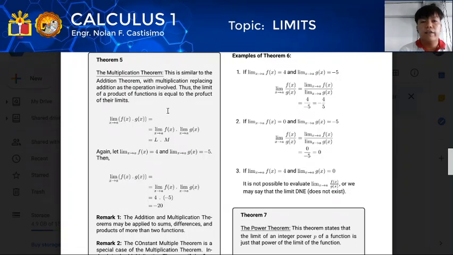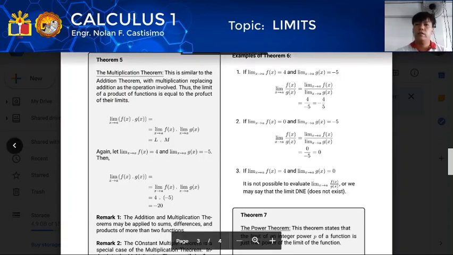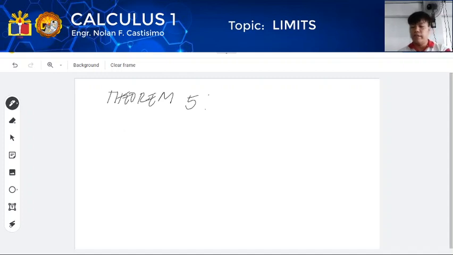Okay? So, we have there the limit of f of x times g of x as x approaches a. So, pinalitan lang yung plus and minus ng multiplication. Okay. Theorem 5. The multiplication theorem.